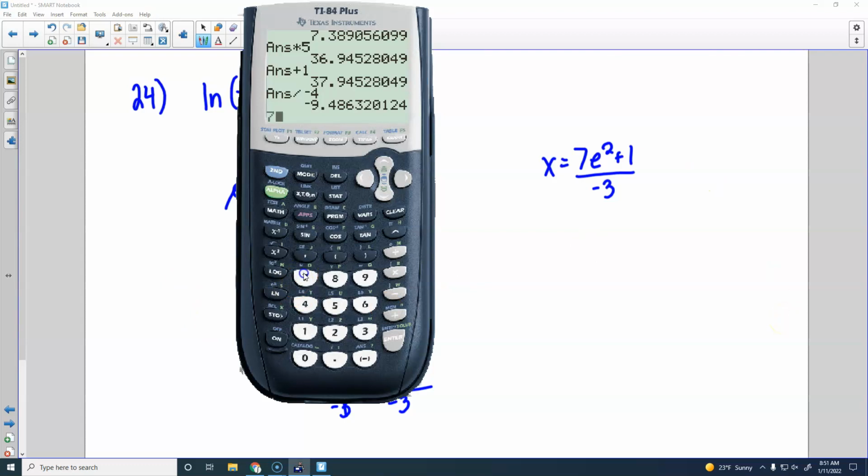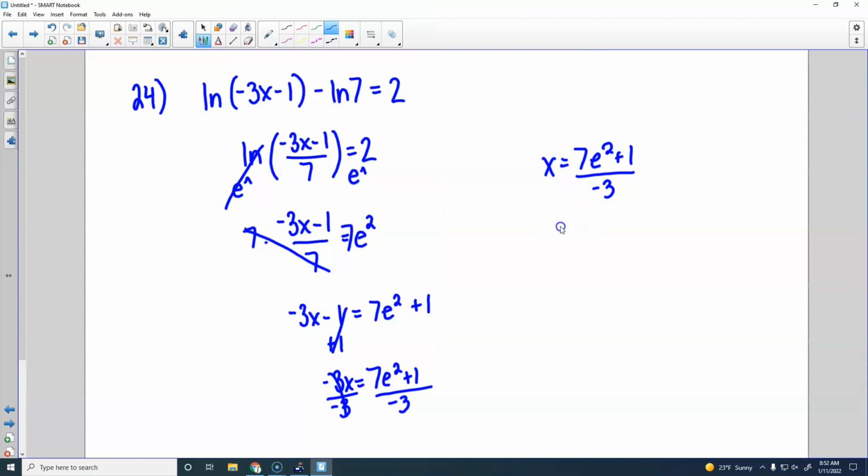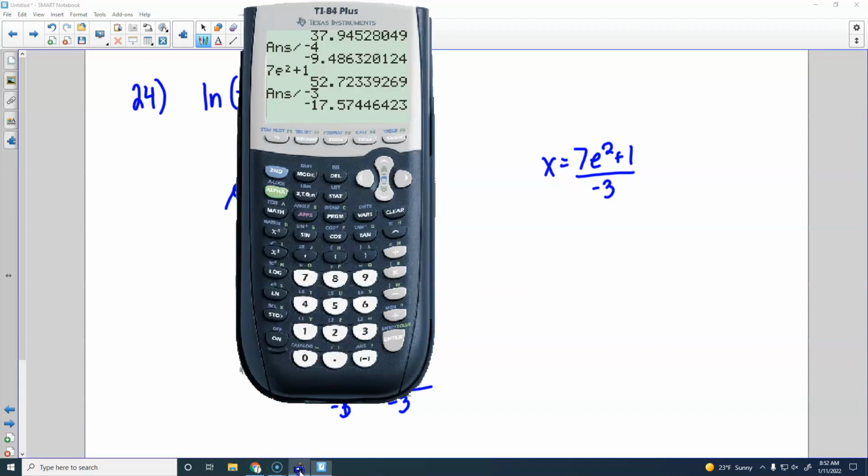So you would have 7e squared plus 1. Right here, because I didn't put any parentheses for that numerator, I'm going to make sure I hit enter before I do the divided by negative 3, because if you don't do that, you get the wrong answer. And so you get negative 17.574.